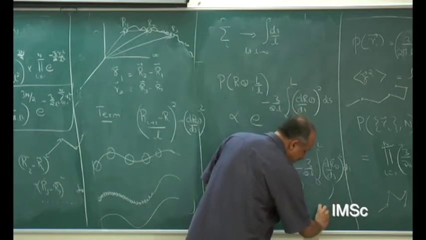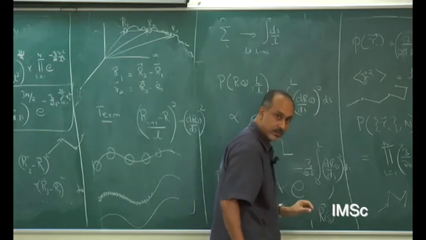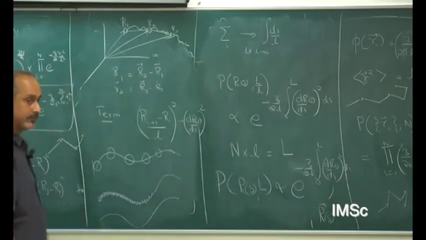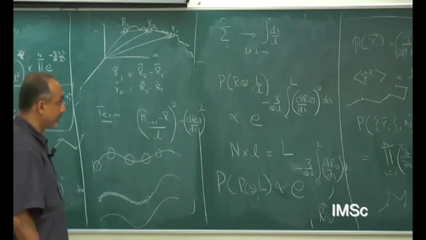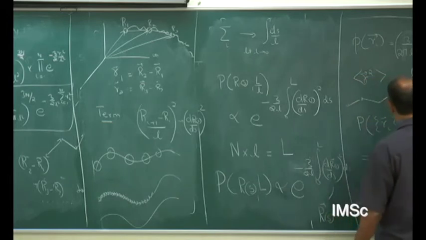And now this is in terms of the polymer trajectory R of S, where this is an internal coordinate along the polymer. When we define small l here, we said that this is some sort of basic unit size here.